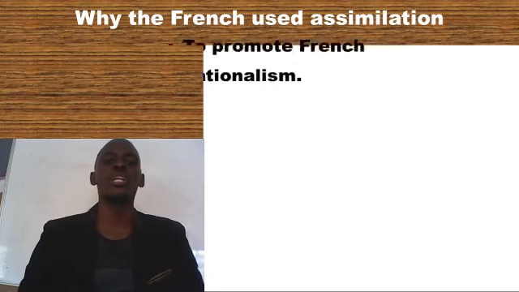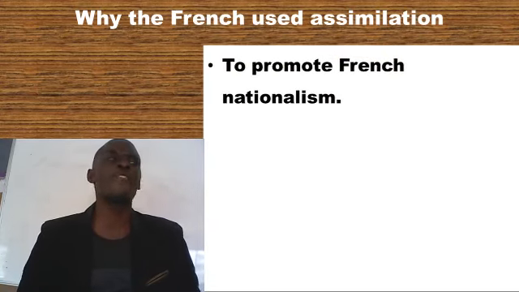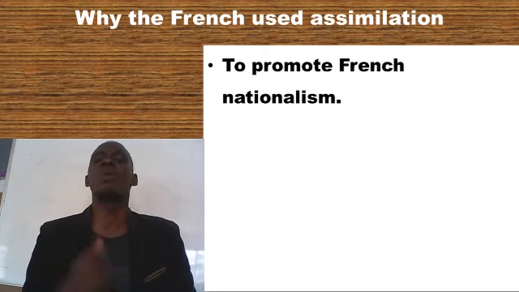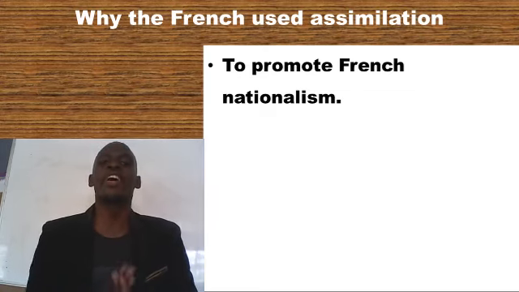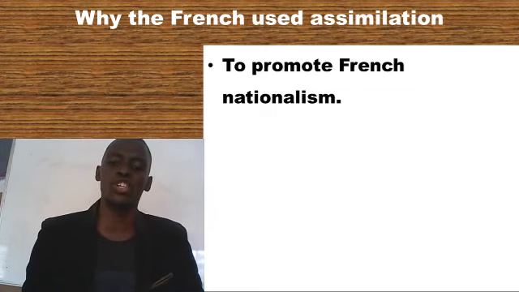One, they wanted to promote French nationalism. When you talk about nationalism, this simply means one's love for his or her country, or one's devotion to develop his or her country economically, socially, and politically. So the French wanted to promote French nationalism. That's why they decided to use what you call assimilation policy.